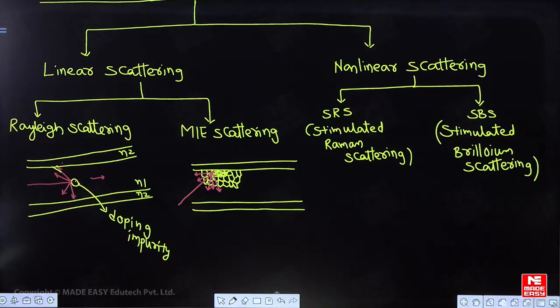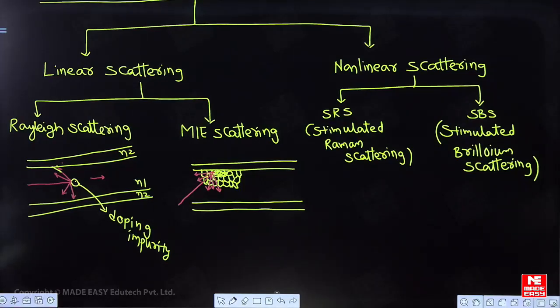Okay, so these are the points as a points note. SRS and SBS. So next one, I hope copying is completed.